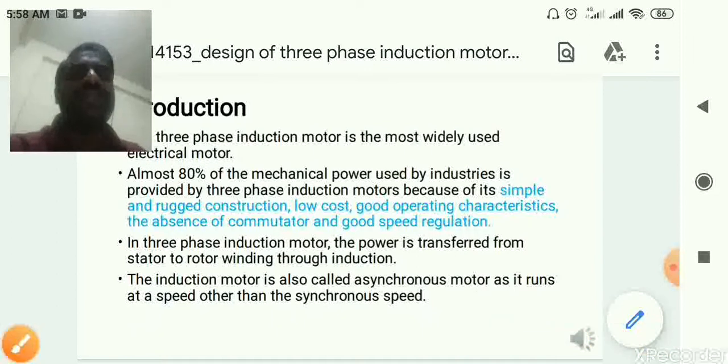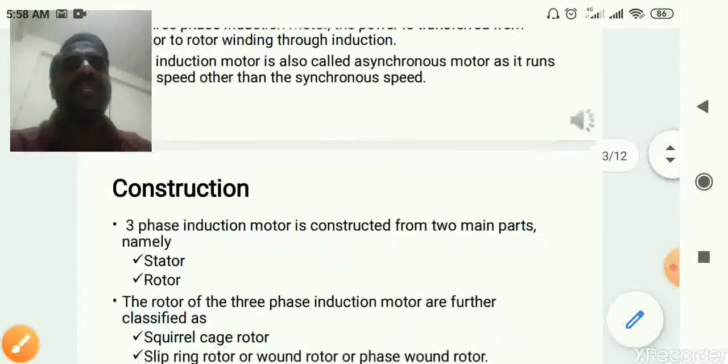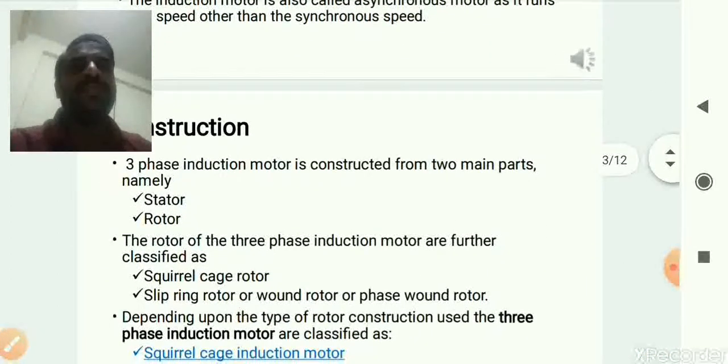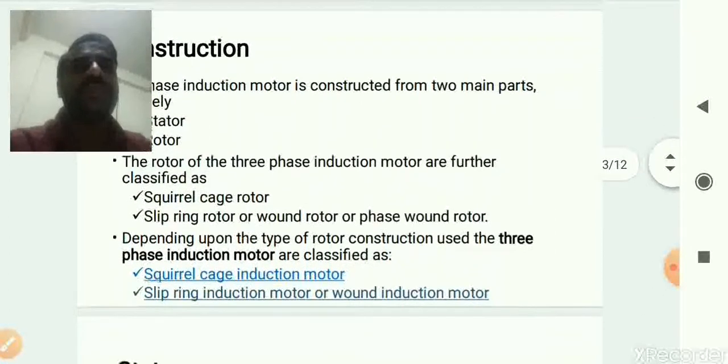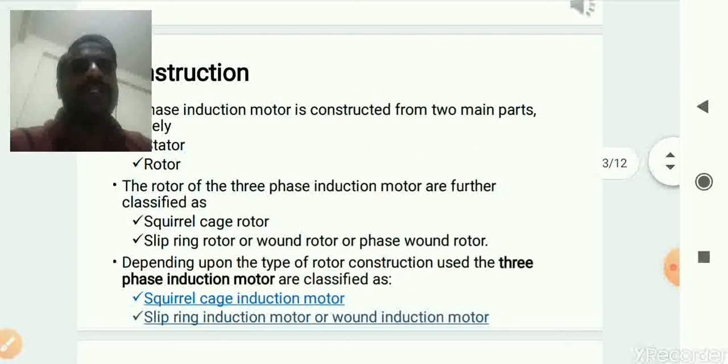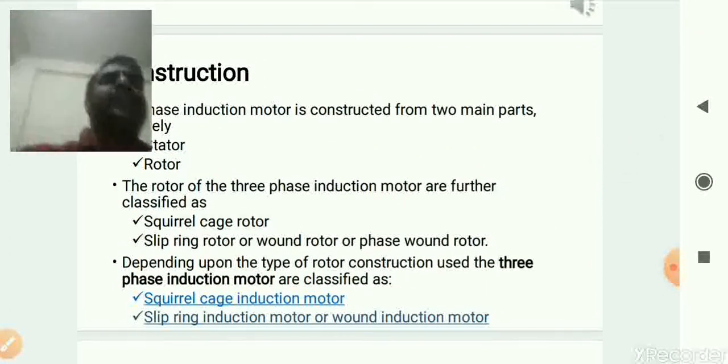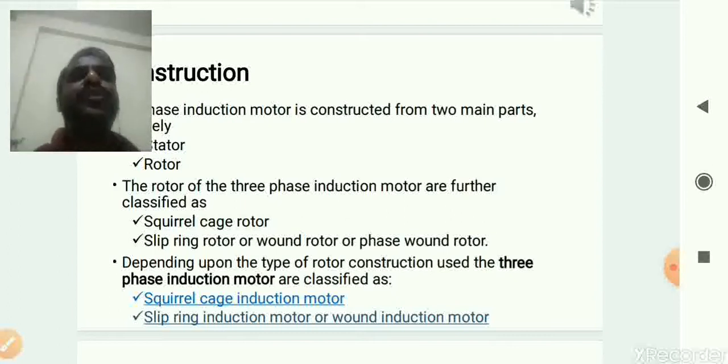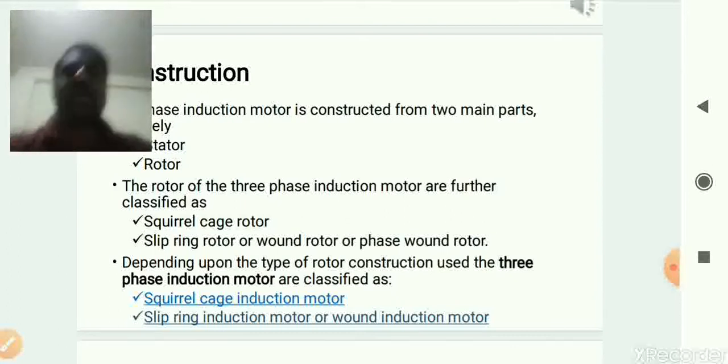Now let me start with the construction of the three-phase induction motor. The construction involves two main parts called the stator and the rotor.